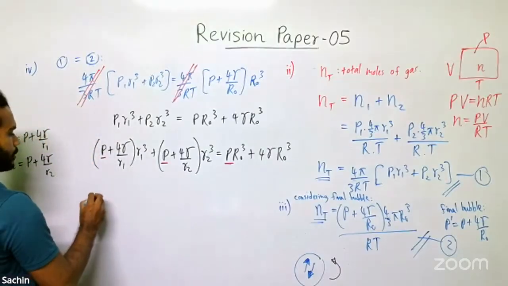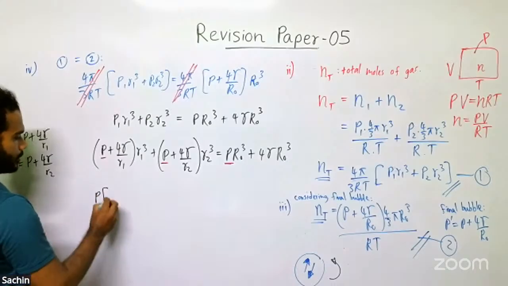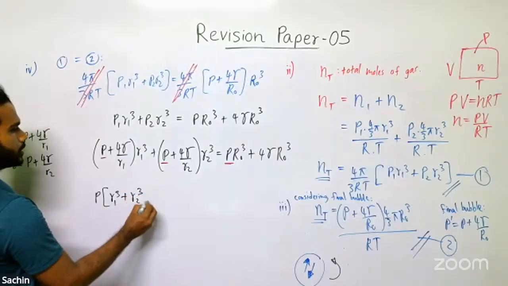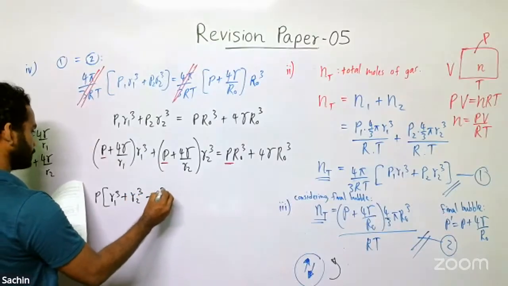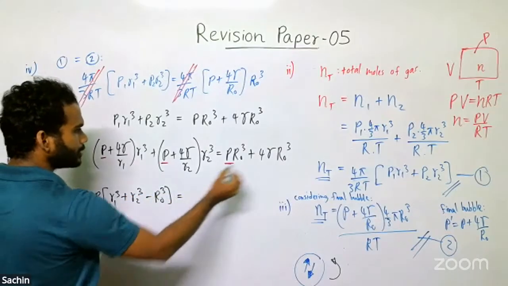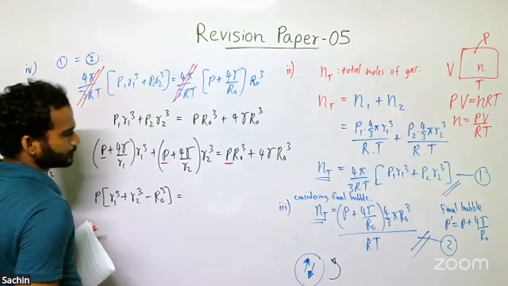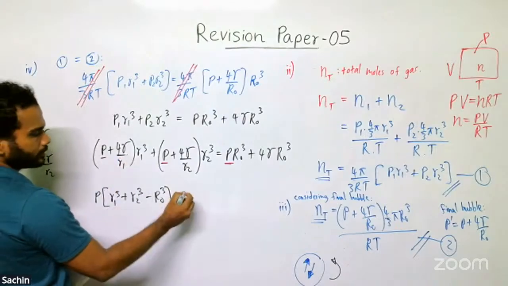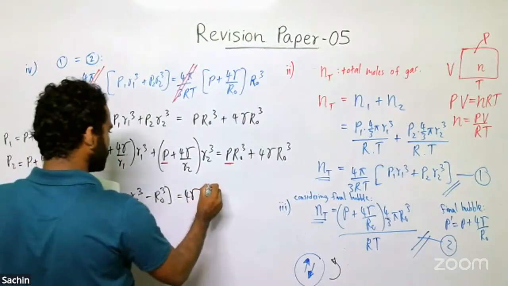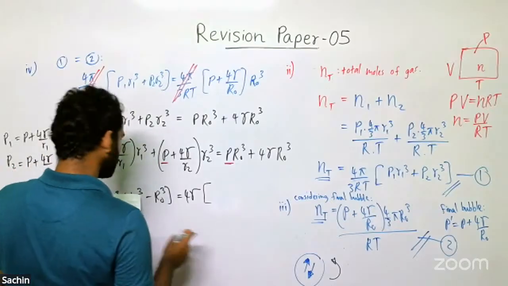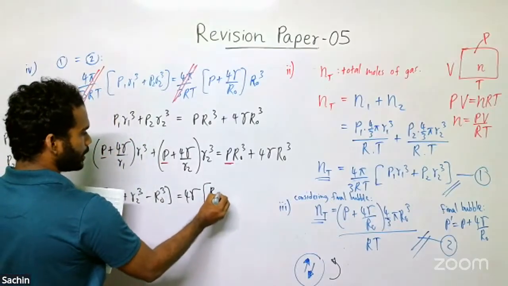So P times R1 cube plus R2 cube minus R naught cube is equal to, on the other side, you can see 4 gamma is always there. 4 gamma in the other terms, 4 gamma, 4 gamma. So 4 gamma I'm taking out.